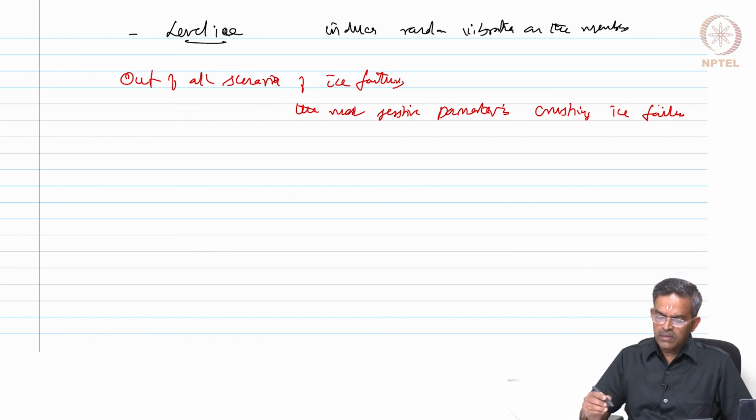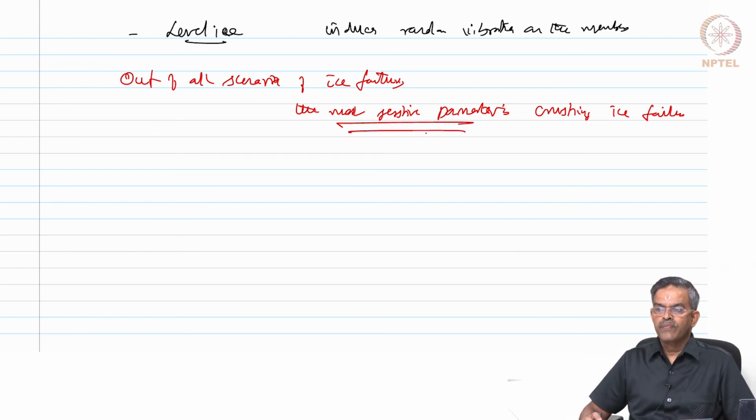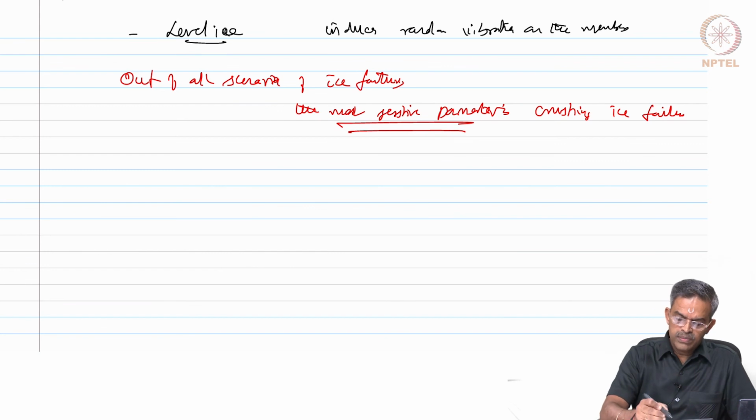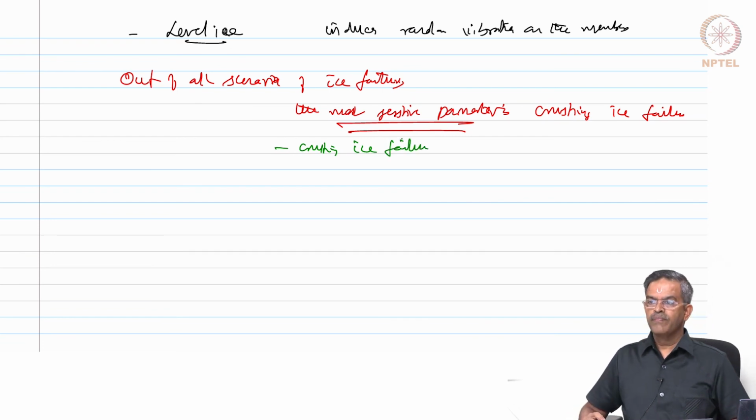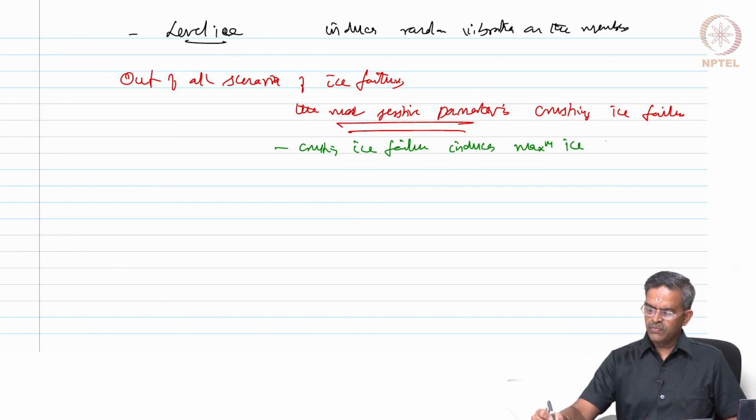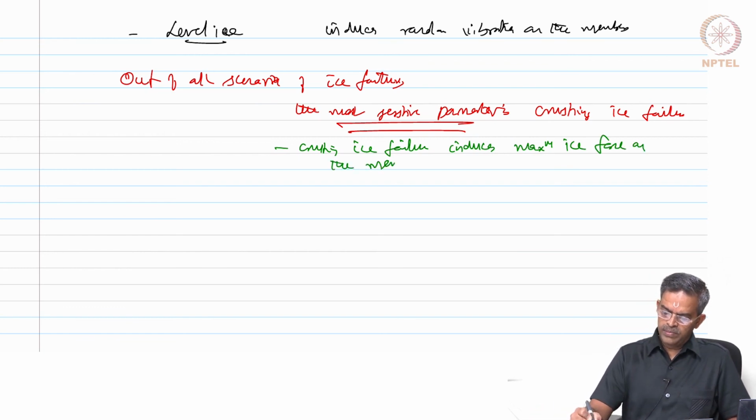Crushing ice failure is considered as the worst scenario because crushing ice failure induces maximum ice force on the member. Okay.